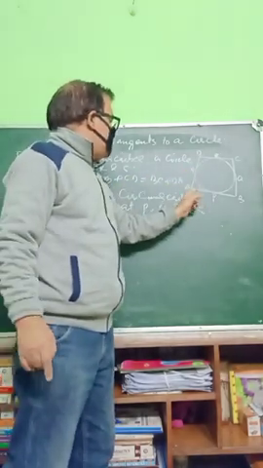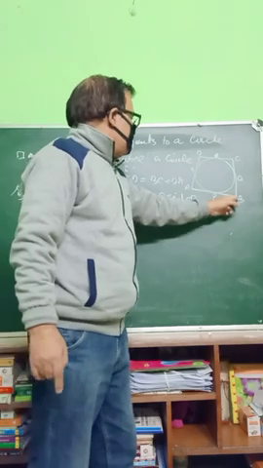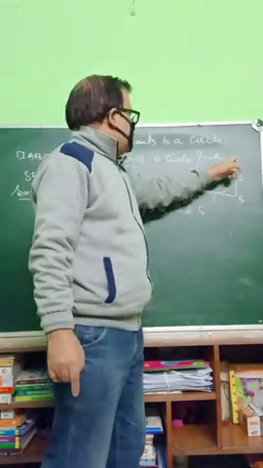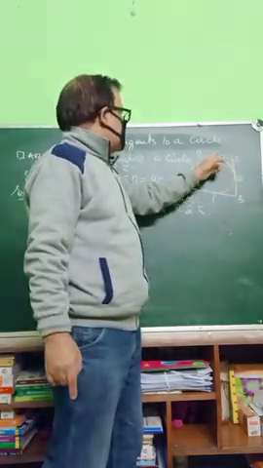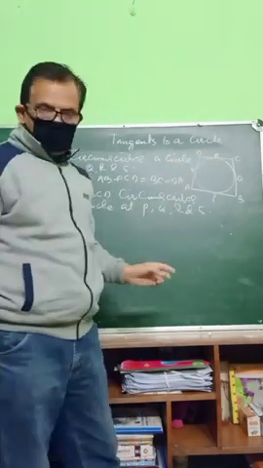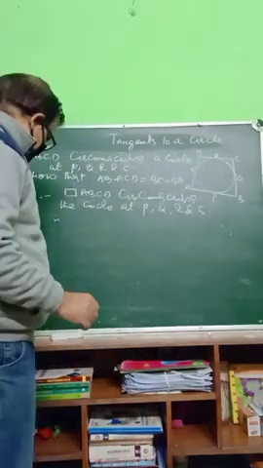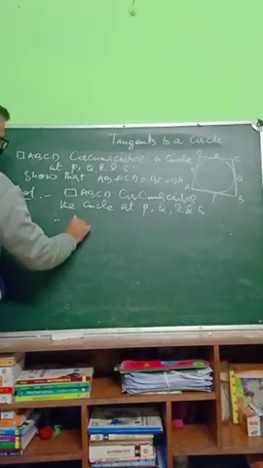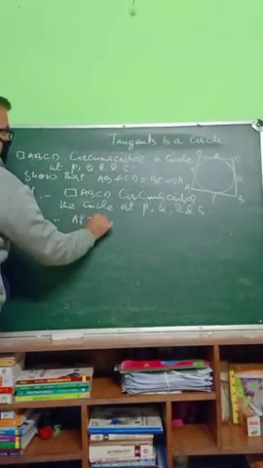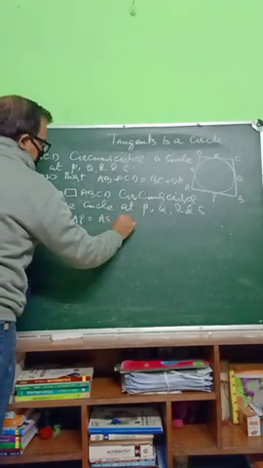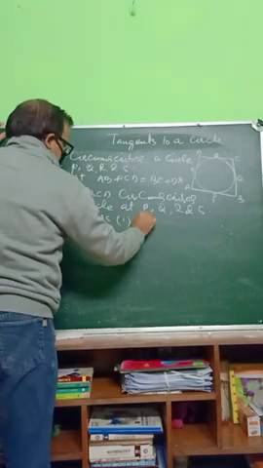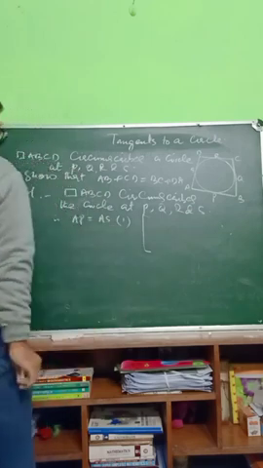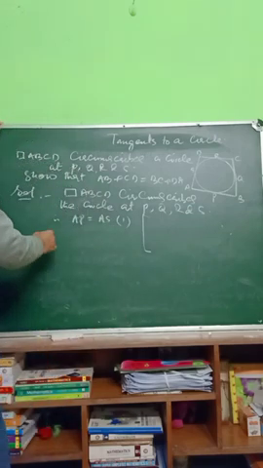So AP and AS are tangents, BP and BQ are tangents, CR and CQ are tangents, DR and DS are tangents. So we will write they are equal. Therefore, AP is equal to AS. This is first one. Tangent is from the external point.